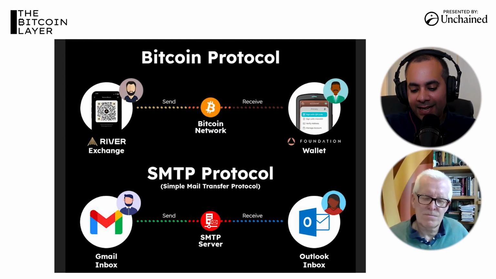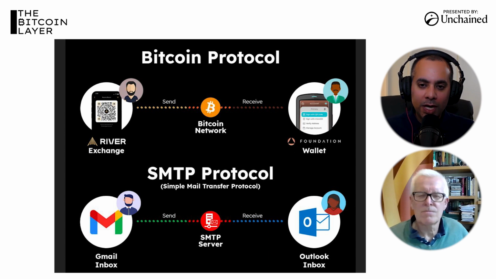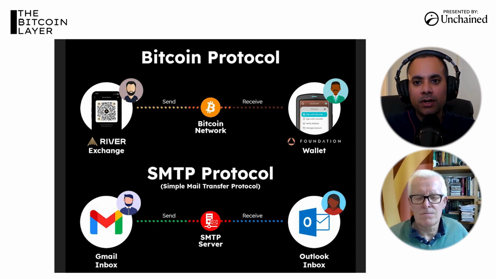And it's an even better analogy for another reason, Michael. Email, and I'll have our editors throw this slide up here with our SMTP versus Bitcoin comparison. Simple Mail Transfer Protocol is the protocol, but I could be using Gmail, you could be using Microsoft Outlook.